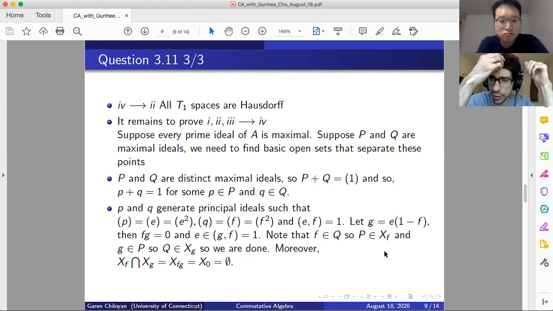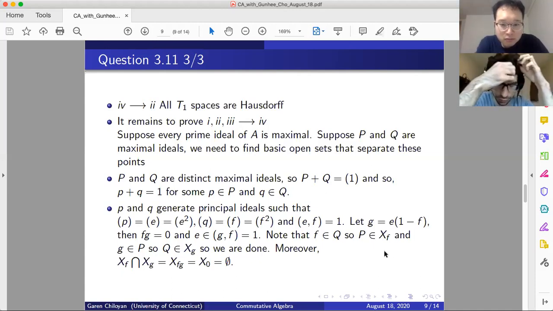From the fact that A mod n is absolutely flat, we have that every principal ideal is idempotent. And so P and Q generate idempotent ideals. So let's call them E and F, such that E and F generate the whole ring, and E squared is E, F squared is F.